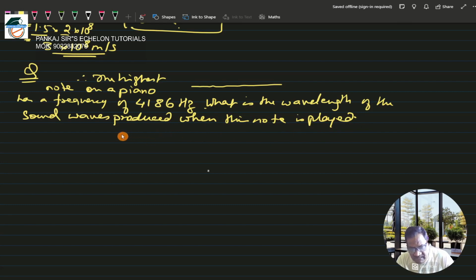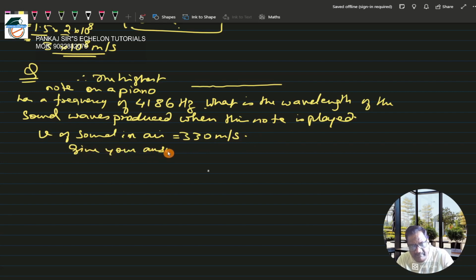Assume that the speed of sound in air, so the velocity of sound in air, is 330 meter per second. And give your answer correct to 2SF, two significant figures. Okay, so that's the question.